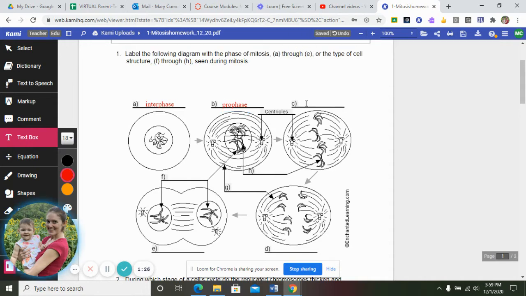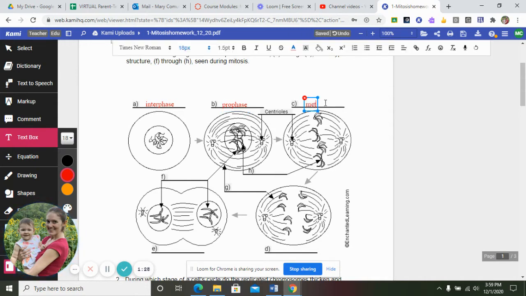Remember, metaphase is where things meet in the middle. And then if you just follow the arrow down, we have anaphase. And the last phase is telophase. As we're looking at these structures here, I labeled centrioles for you already because that one is a little bit difficult to decipher. This one here, we are checking out the middle portion of these chromosomes.